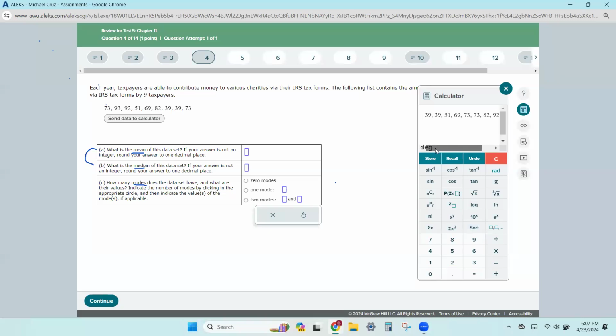All right. So there's 9 of them. That means there's going to be one smack dab in the middle, 4 on each side of it. Now here it's 69, but we got to go over here.